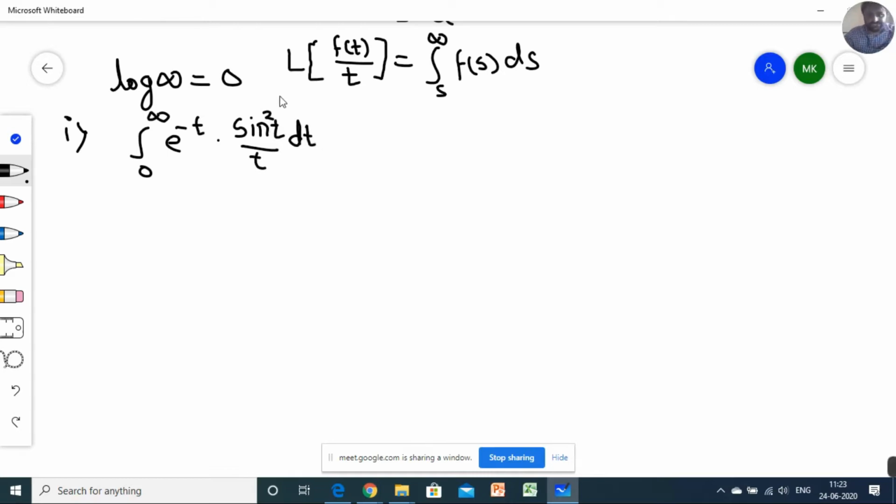Or sometimes this question will come in examinations like: prove that integral 0 to infinity e raised to minus t into sine square t upon t into dt is equal to 1 by 4 into log of 5. Sometimes it will come like evaluate only this part, and sometimes it will come as show that, or prove that, or verify that integral 0 to infinity e raised to minus t into sine square t by t into dt.